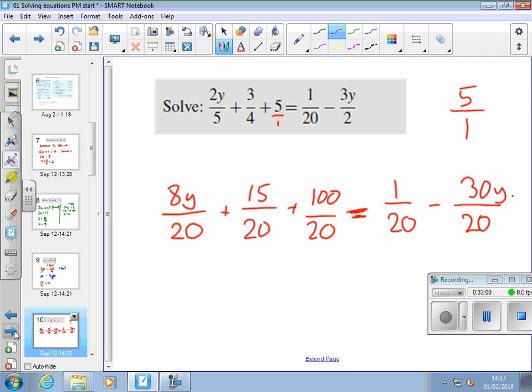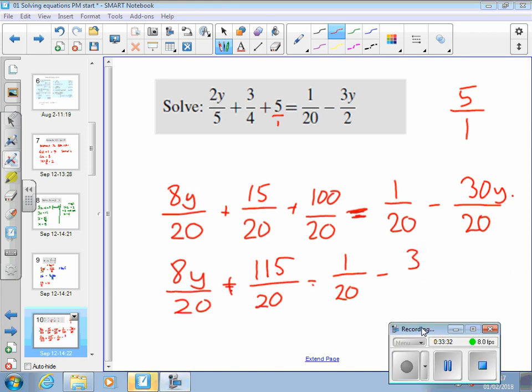So we could go 8y over 20 is equal to, not equal to, plus 115 20ths is equal to 1 over 20 minus 30y.